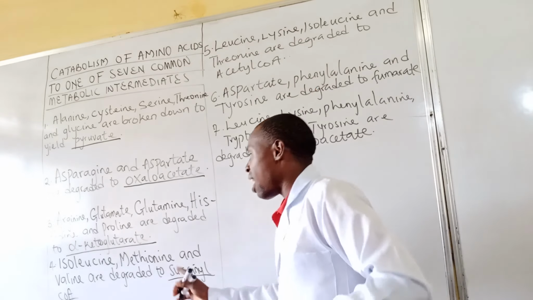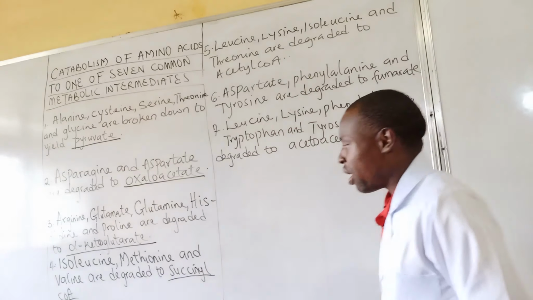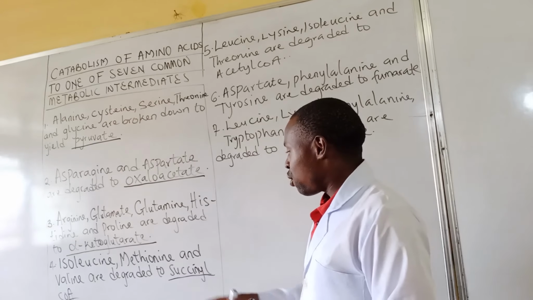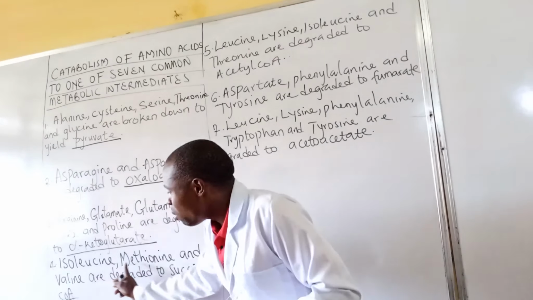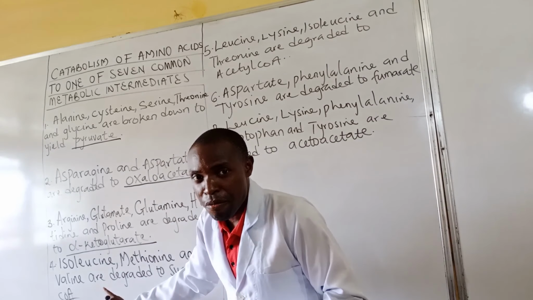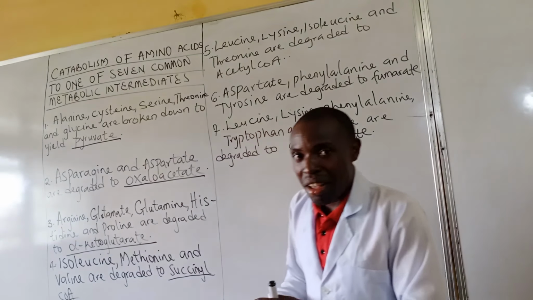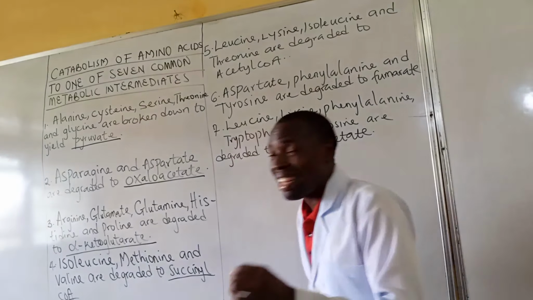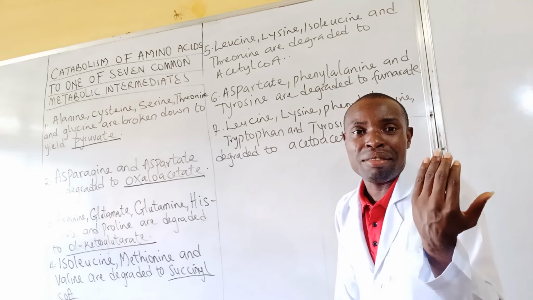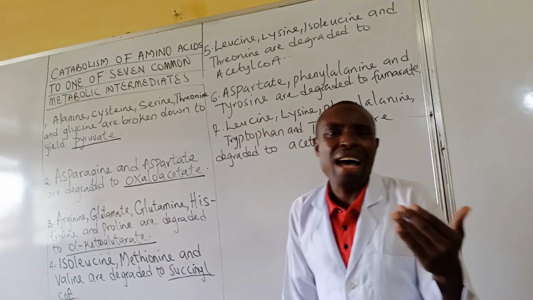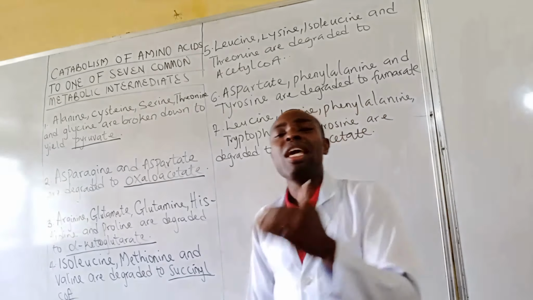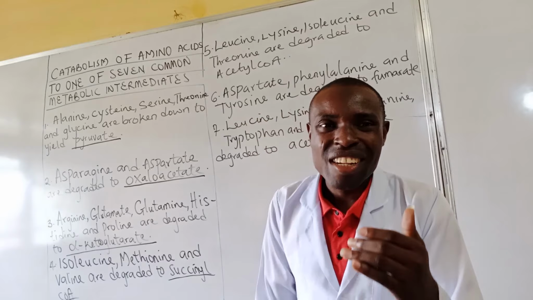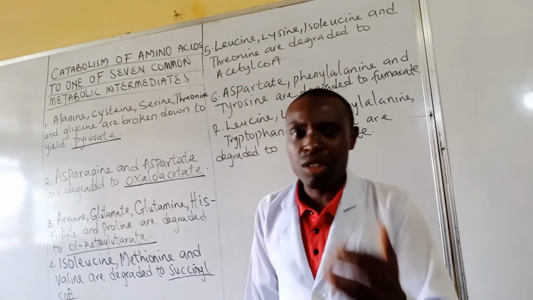We are saying now that isoleucine, methionine, and valine, when degraded, lead to succinyl-CoA. And do not forget that some of these amino acids can behave either as glucogenic or as ketogenic amino acids.